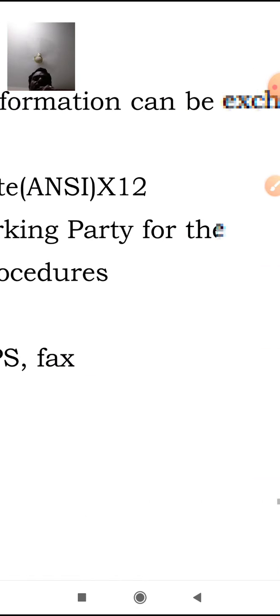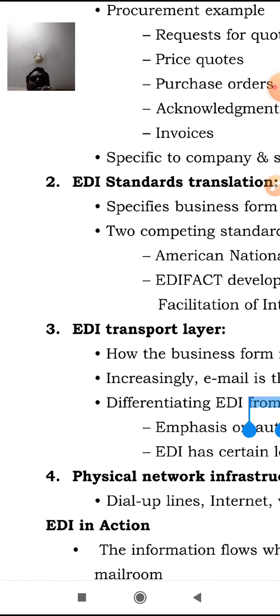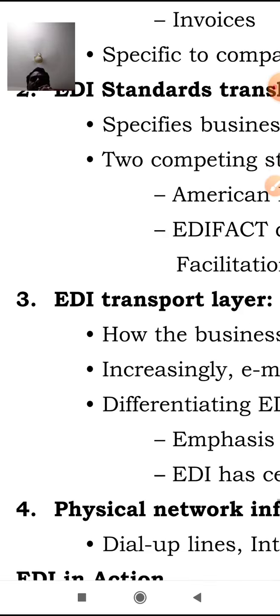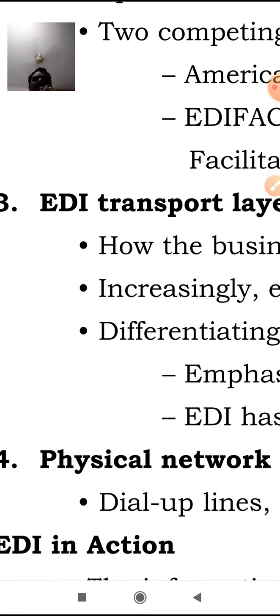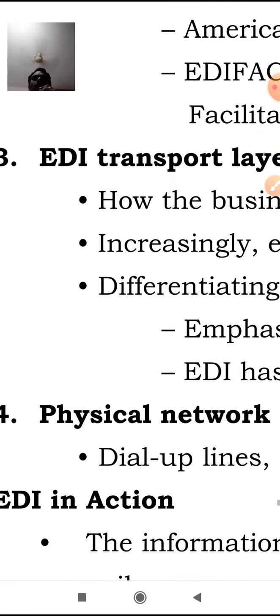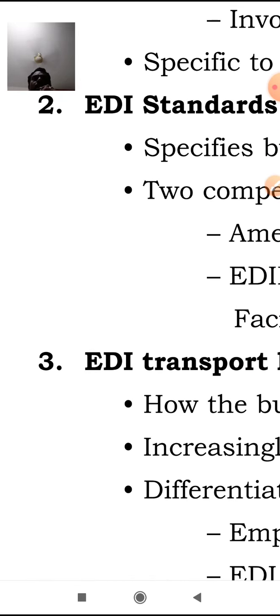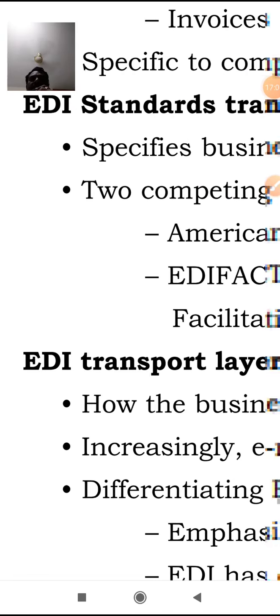So with the help of EDI standard translation, information is interchanged from source to destination and destination to source. Like that, the second layer is very helpful to convert the information into the standardized format, which may be either ANSI X12 or EDIFACT.